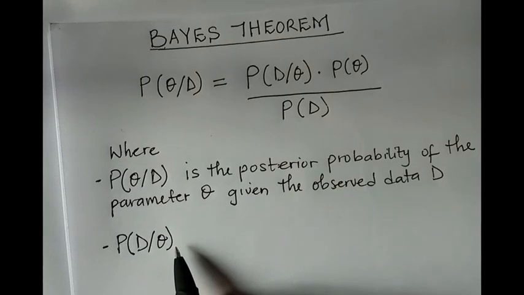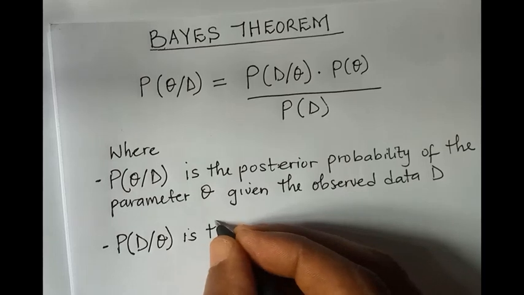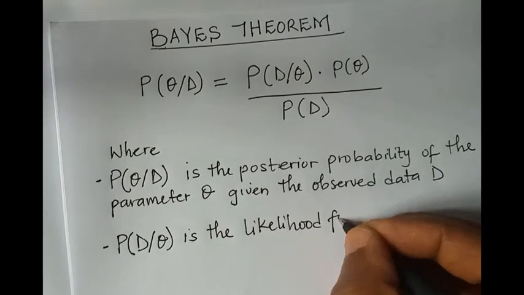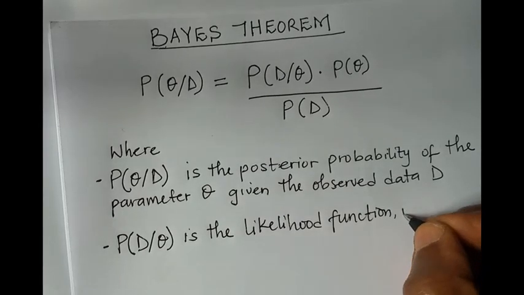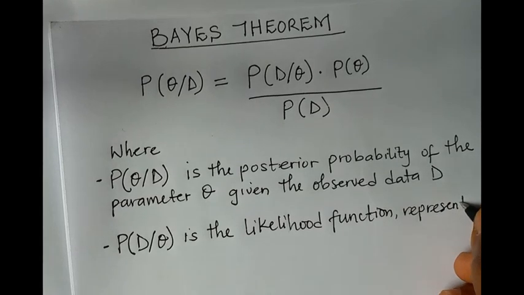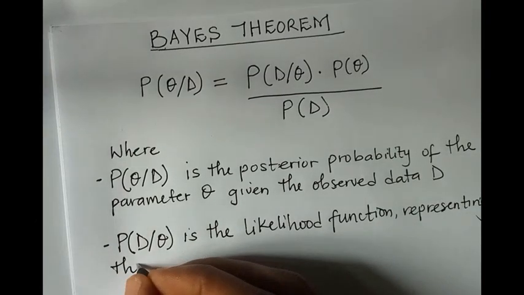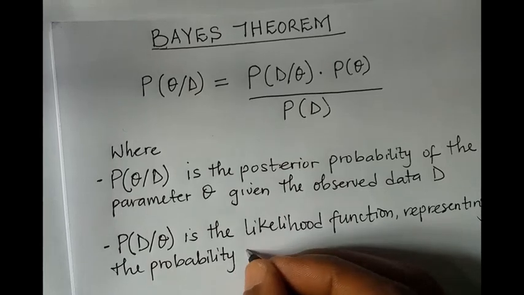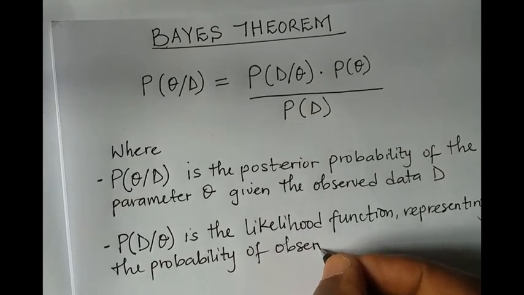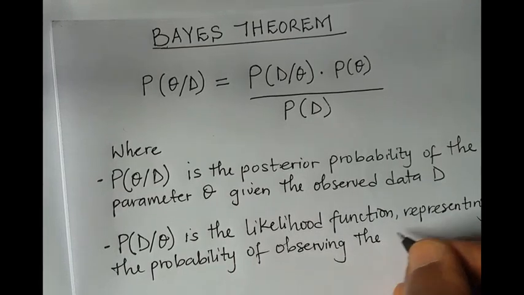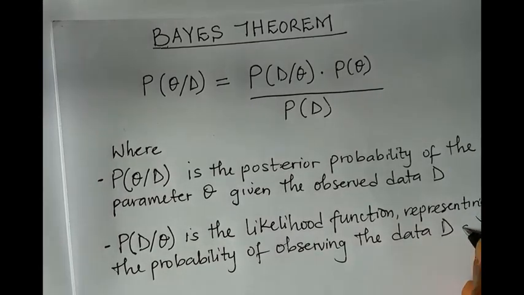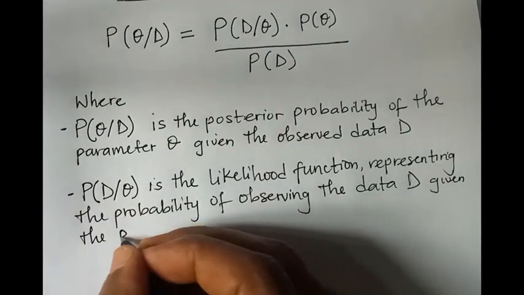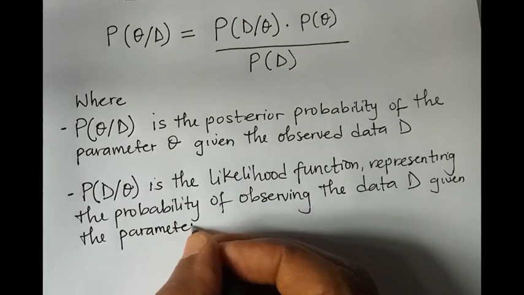of D given theta is the likelihood function representing the probability of observing the data D given the parameter theta.